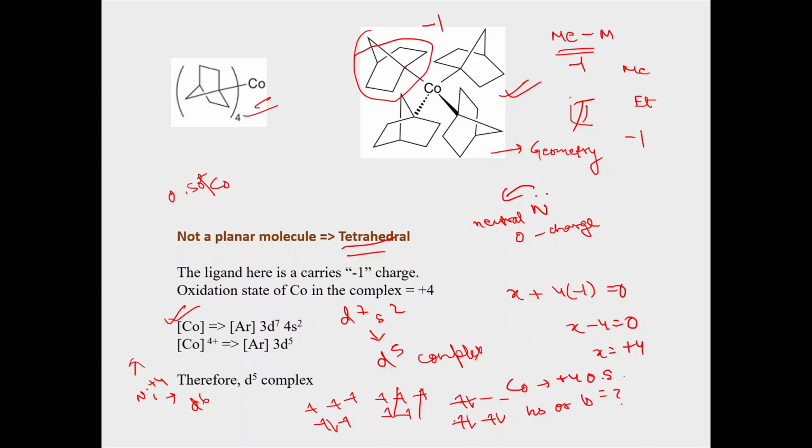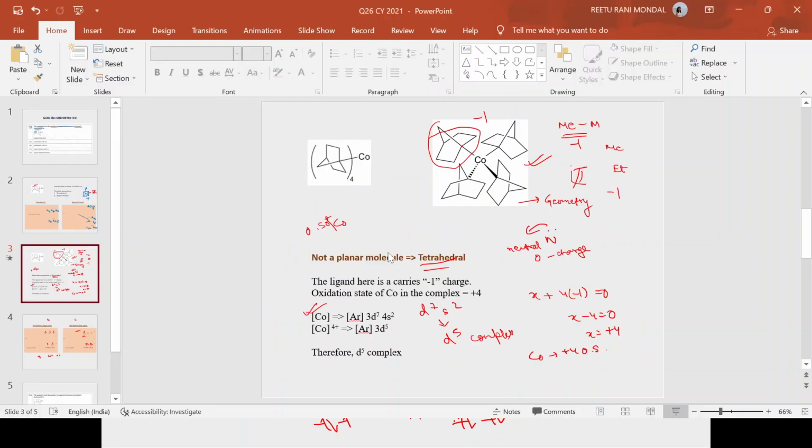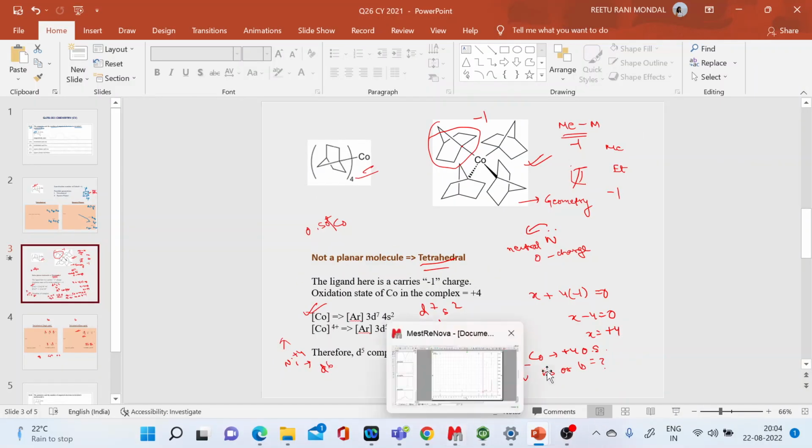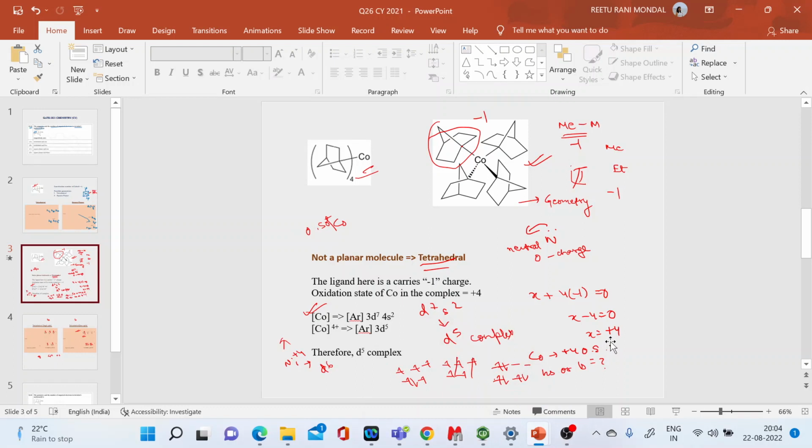Ma'am, I was asking now that cobalt is attached to carbon. And I was asking that if nitrogen was attached, then you said that cobalt will carry zero charge. You are saying nitrogen, but that is written Ni. That's why I got confused. Okay. You were asking what will happen if it is nitrogen instead of that carbon. Yes, ma'am.